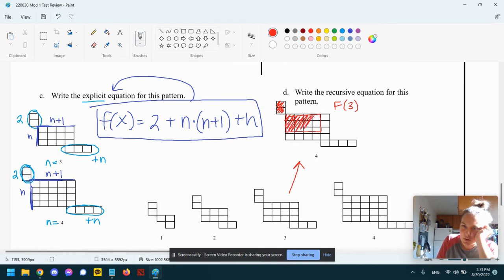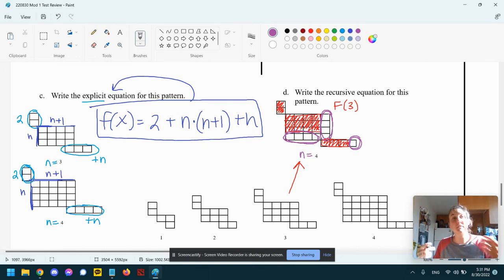So if I copied and pasted the third step on top of my fourth step, I would get this. So when n is 4, I've added this one over here. I've added 4 to the side here, and I've added 4 to the side here.